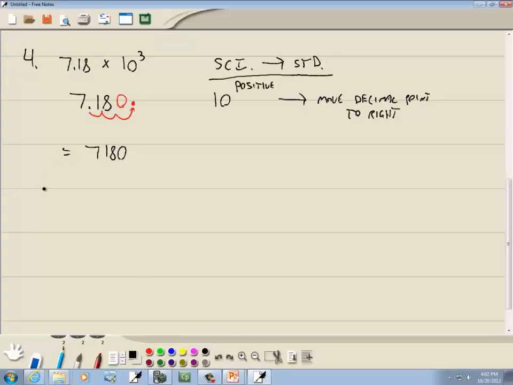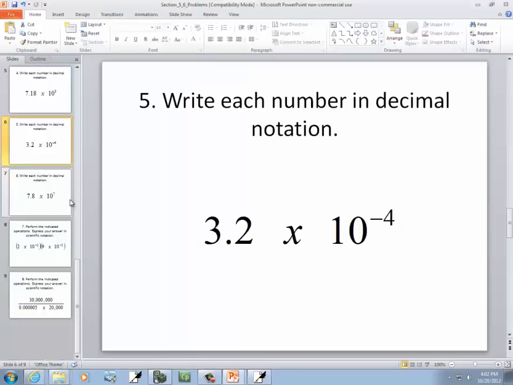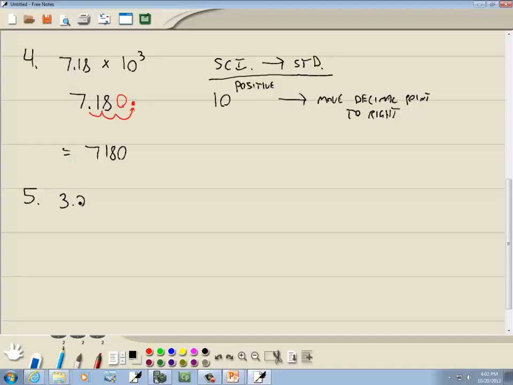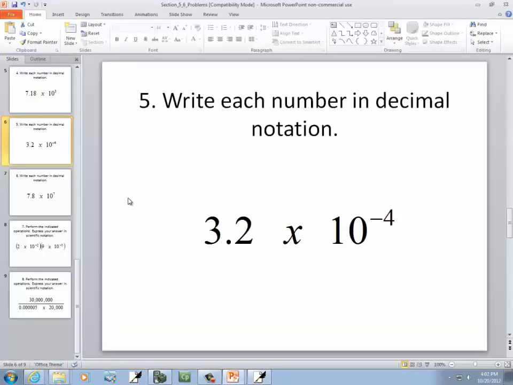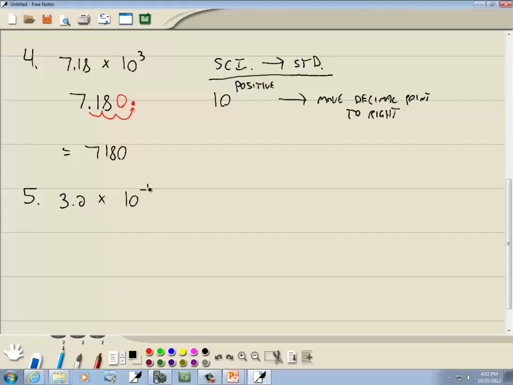Let's take a look at another one here. We've got 3.2 times 10 to the negative 4. So here's 3.2, and we want to move it. It's negative 4, so we'll move it to the left.